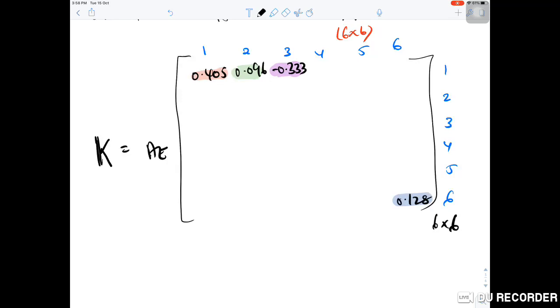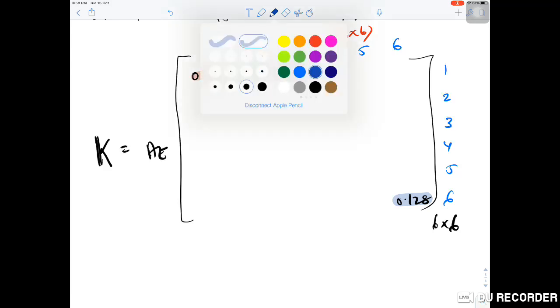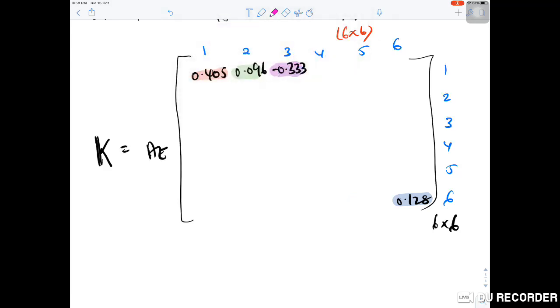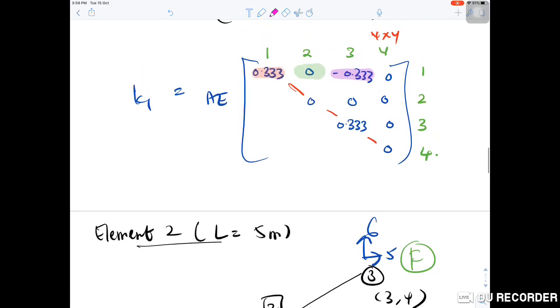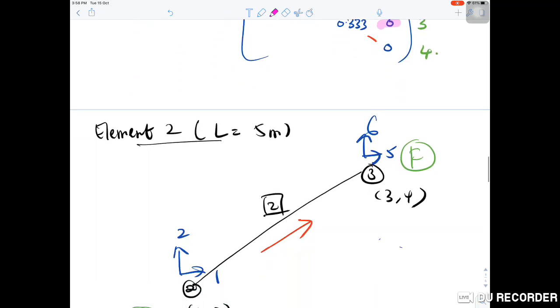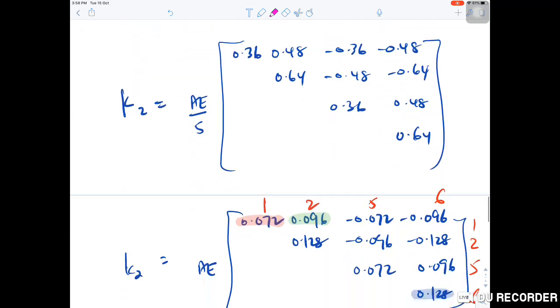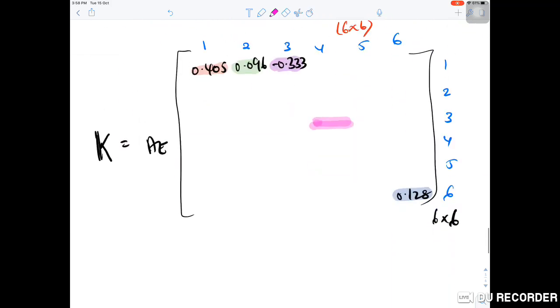If we want to determine 3, 4, for example, we go to K1 and find 3, 4, which is 0. And we go to K2, no 3, 4, so it is 0. One more example, 2, 5.